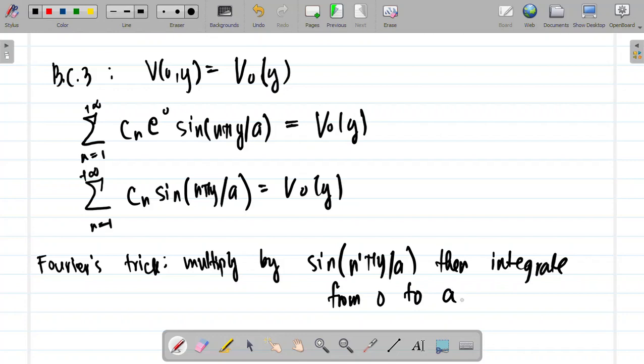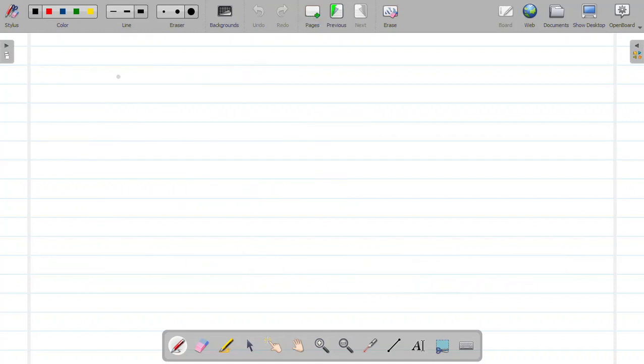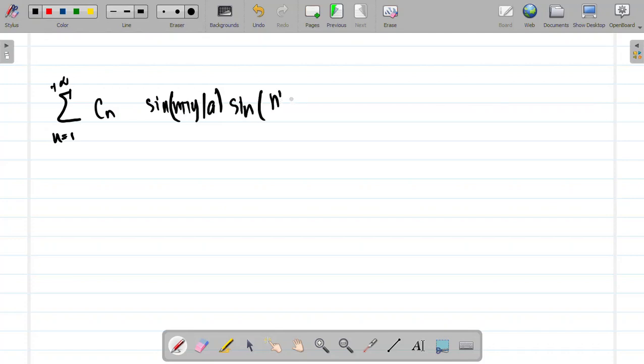So, katulad lang to actually nung ginawa natin sa Fourier series sa 1-to-1. Let's see kung paano siya mag-work. So, summation n equals 1 to positive infinity. Diba ang sabi, multiply. So, Cn sin n pi y over a times sin n prime pi y over a.